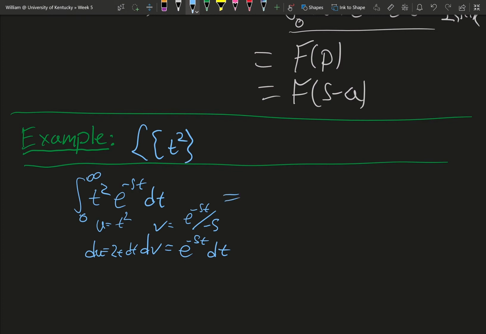We have t squared e to the negative st over negative s, minus the integral from 0 to infinity of 2t divided by negative s times e to the negative st.